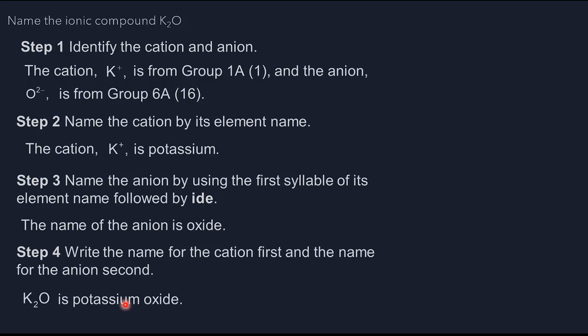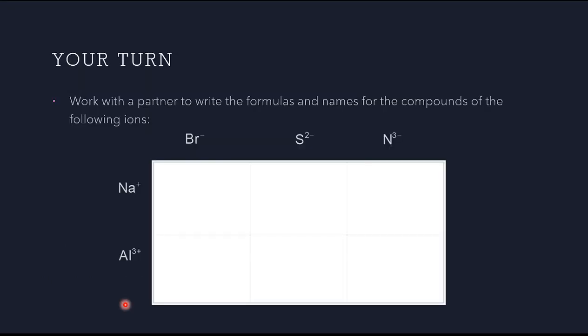If we know the charge of the ions for each element in the formula, then we can predict the ratios. We don't have to disclose that in the name.